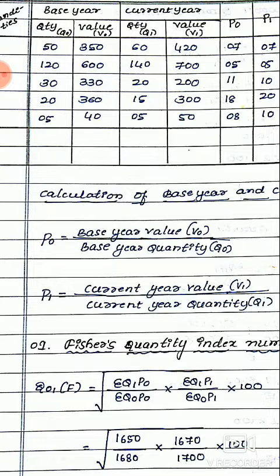Dear students, you observe, generally we need both prices and both quantities, but here both quantities are given, but the prices are not given. First we have to find out prices of the both, that is base year price and current year price.